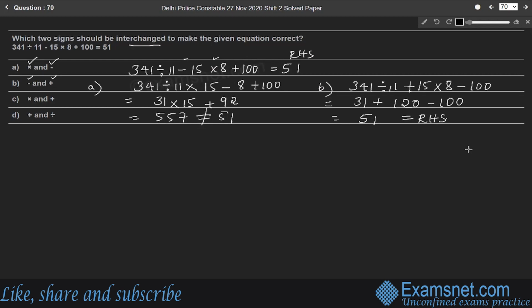So option B is the right answer. You can check with the other two options also, but option B is the right answer.